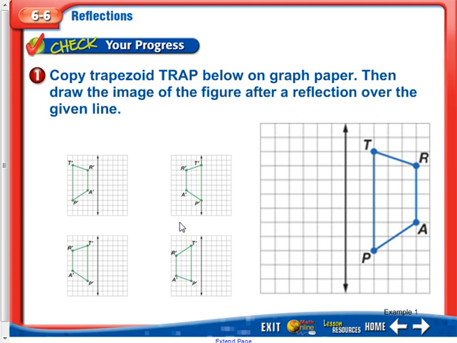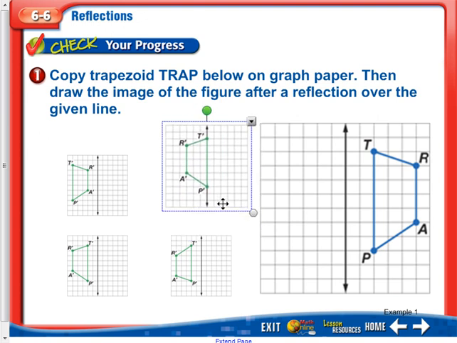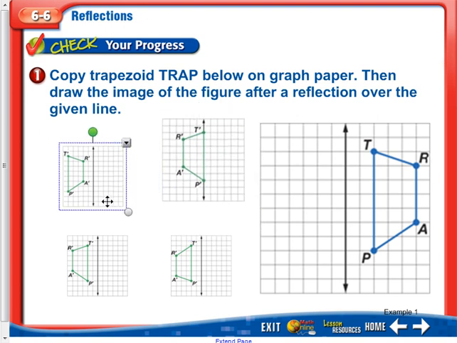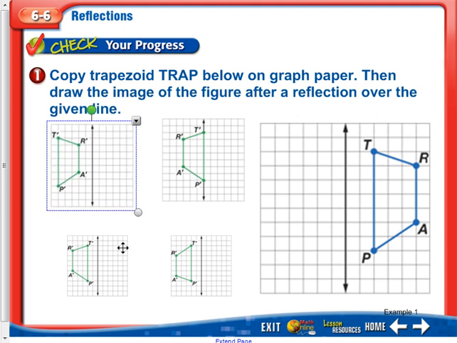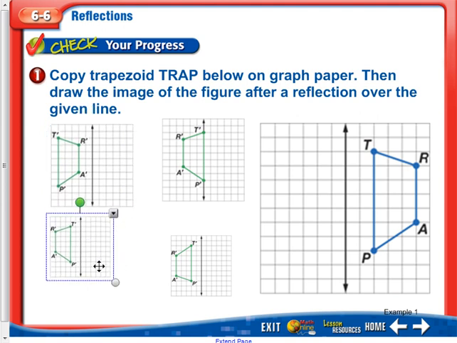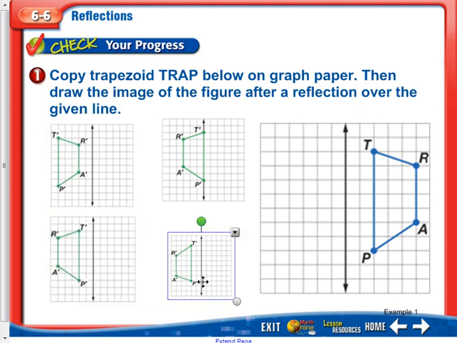All right, so which of these 4 would be the correct reflected image over the line? Let's see if I make these just a little bit bigger here for us.